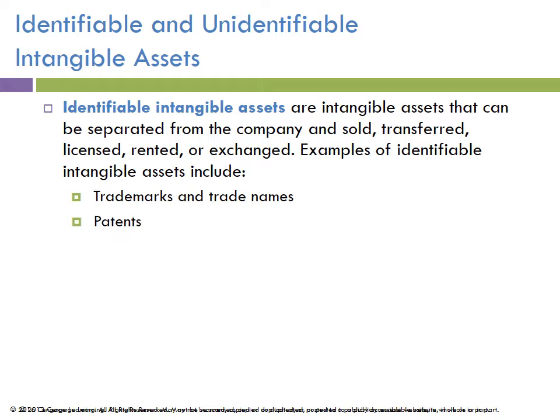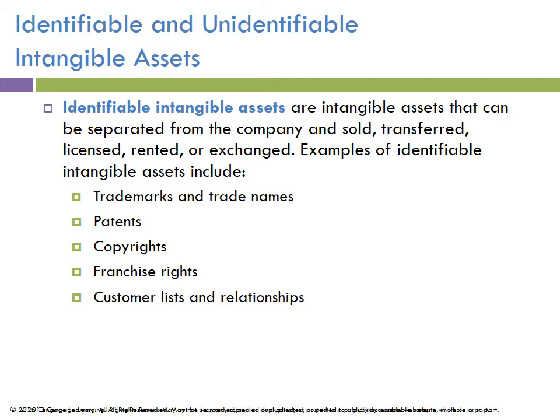Might be state. Patents, same deal again, from the U.S. Patent Office to protect an invention. Trademarks protect a name or a symbol. Copyrights protect artistic creations. Franchise rights give you the ability to use a business model. Also customer lists and relationships that are purchased or created.